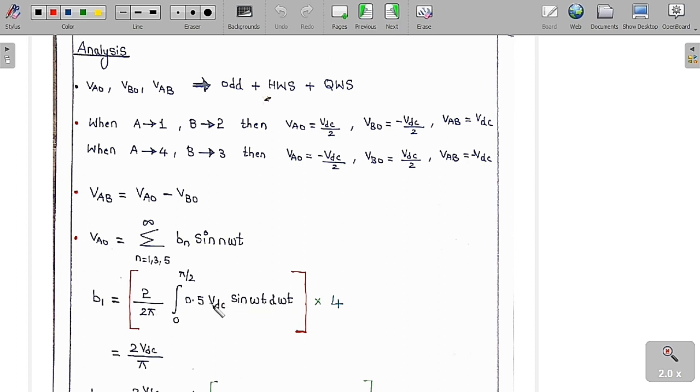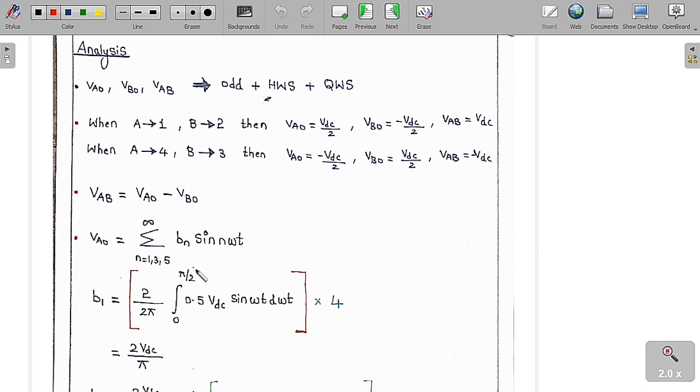This is the general format. But I want only B1, so substitute n is equal to 1: 2 by 2 pi integration of 0 to 2 pi, f of theta into sin theta into d theta. As it satisfies quarter wave symmetry also, I can split it into 0 to pi by 2 into 4.